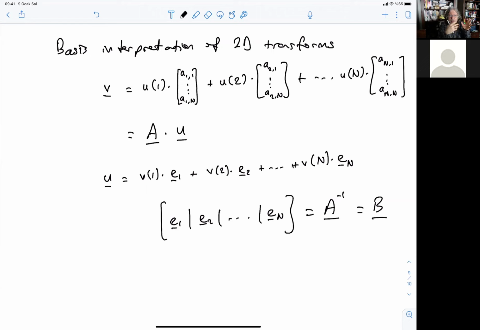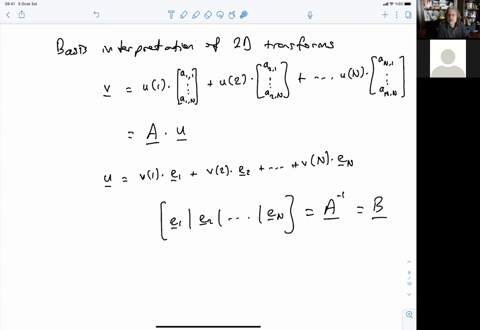Now, in this kind of a new basis, instead of using 1, 0, 0, 0, then 0, 1, 0, 0, and 0, 0, 1, 0, etc., which is the identity basis, the trivial basis, which is already the basis used for the representation of U itself, where U1 will pick the first one, U2 will pick the second one, etc., we can make a rotation of these basis vectors and come up with a new set of basis vectors, E1 up to En. So utilization of this new basis may have its benefits.